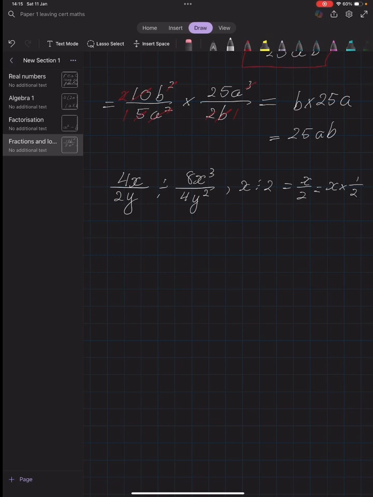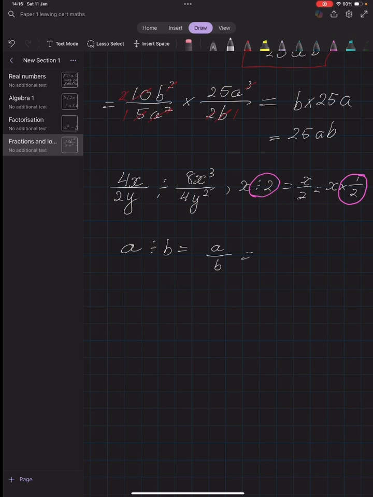So now notice how this has become this. What has happened? I changed the dividing by 2 to multiplying by a half. So I can also do a divided by b is equal to a over b.